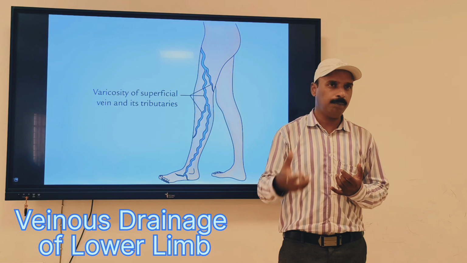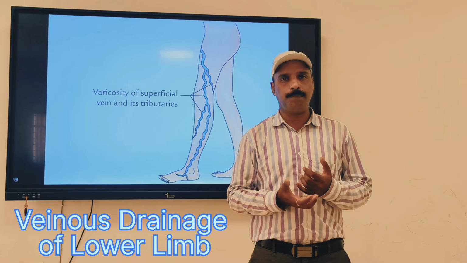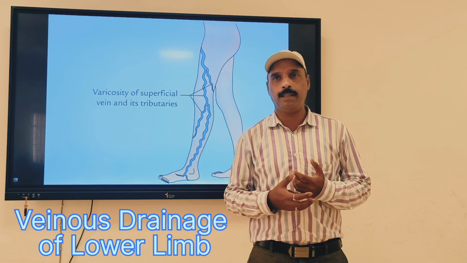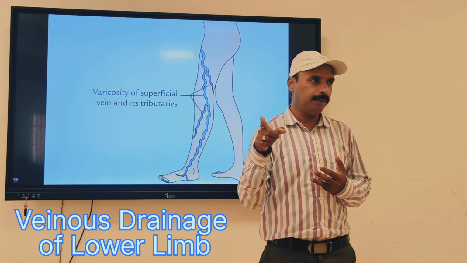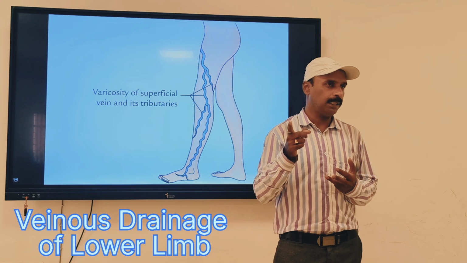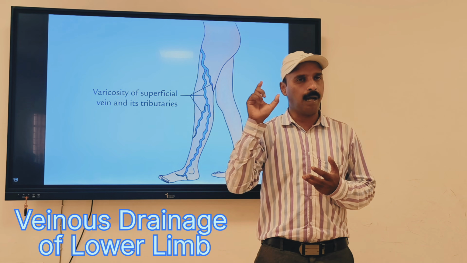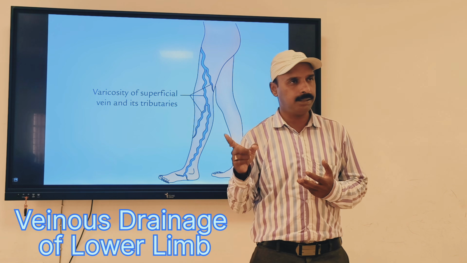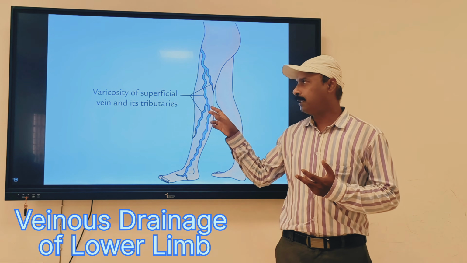So the venous blood of the lower limb ascends upward due to the contraction of the calf muscles, and this we call the calf pump. Then in the same way you have to explain why the soleus muscle is called a peripheral heart. That relates to the calf pump, and why soleus is called a peripheral heart I have taken. So that is one.